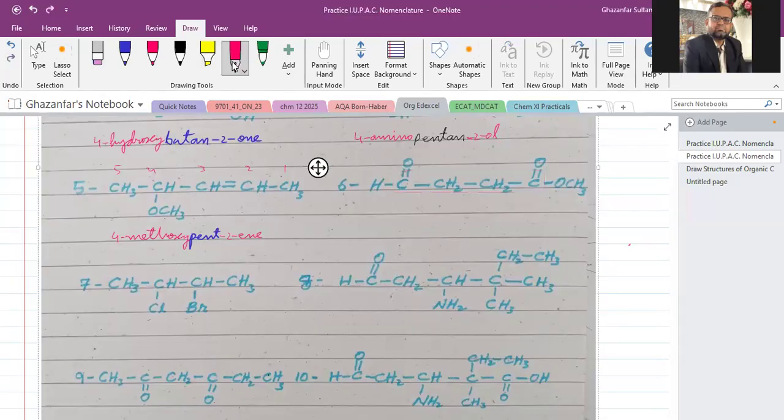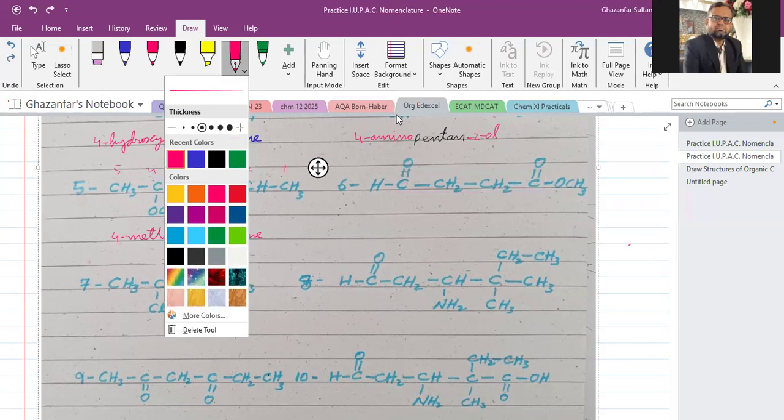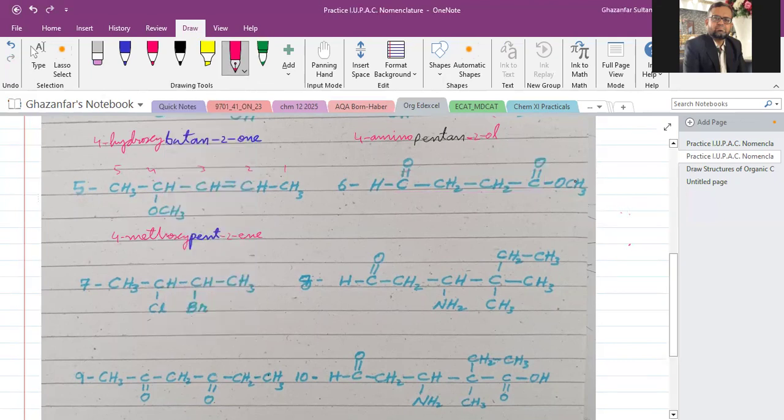And the two functional groups here are, this is ester group. This is ester. And this is the carbonyl, and specifically this is aldehyde. So when ester and carbonyl are both present in the chain, then the priority is given to ester.